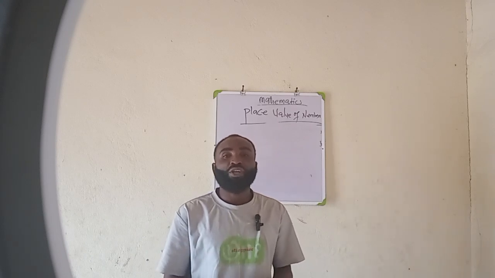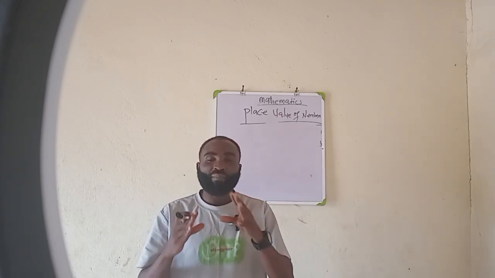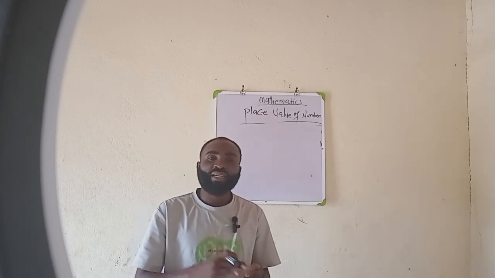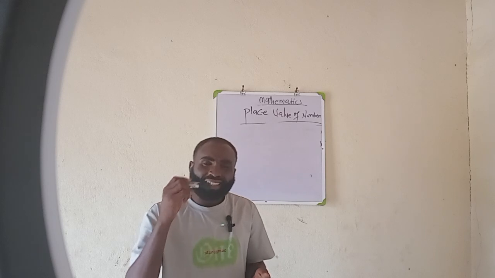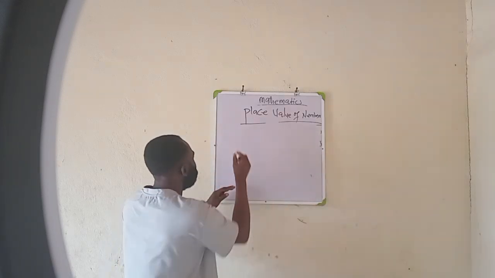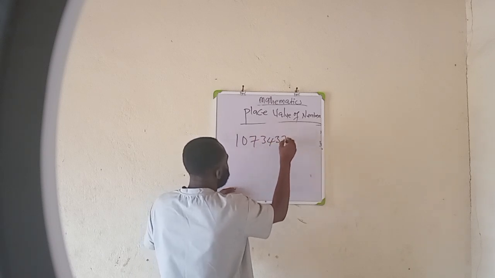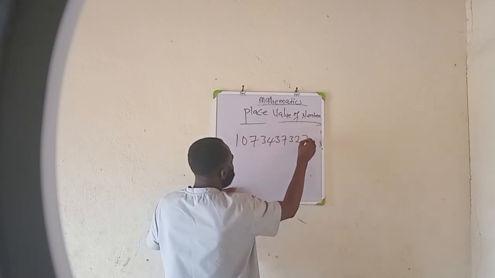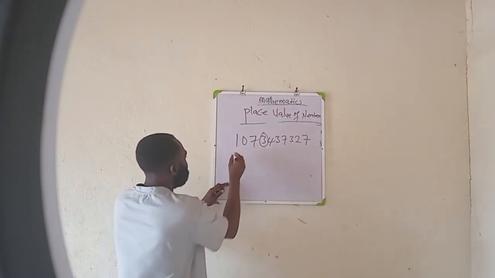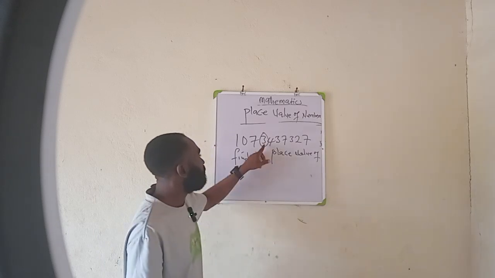It is you keeping the rules. The first thing you do, if the number is very long, separate it from the right hand side. Let's say, for example, you're asked to find the place value of 3 here.